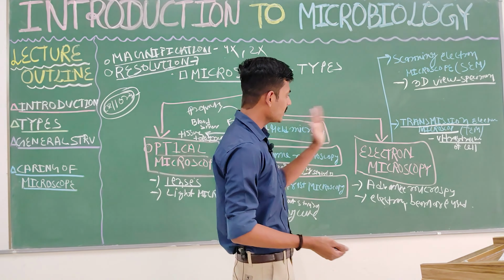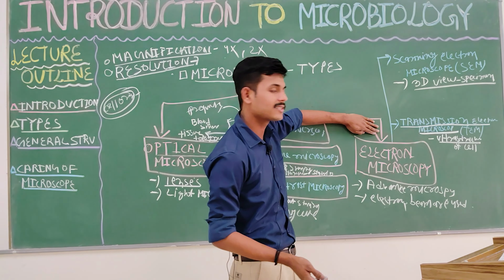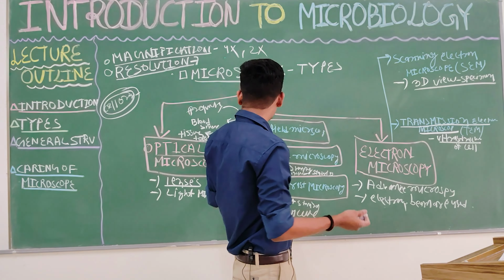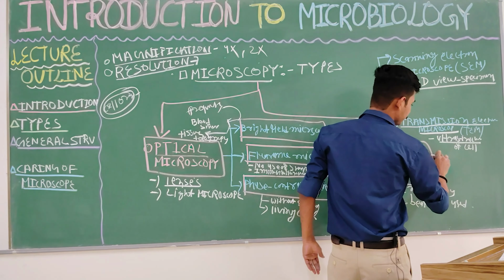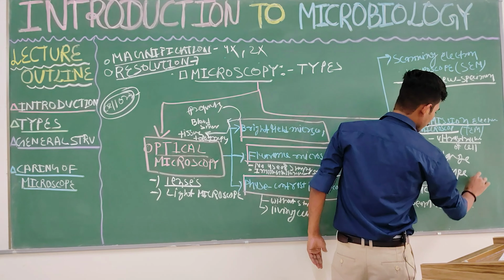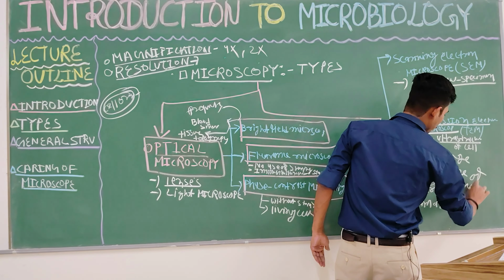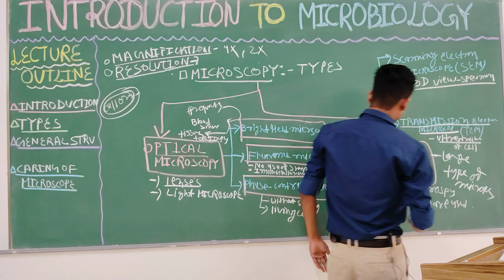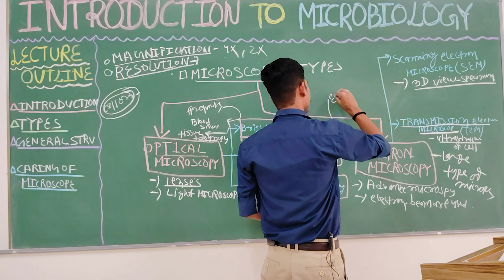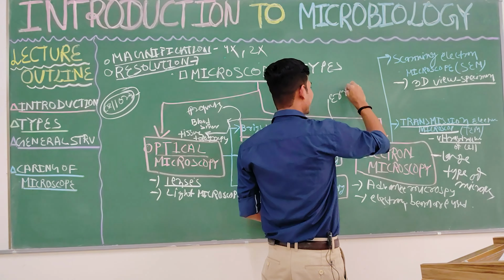Now, another major class of microscope is the electron microscope, which is the advanced microscope, and comparatively it is a larger one. And don't forget that it was discovered by Ernst Ruska, as we already discussed in our previous class.